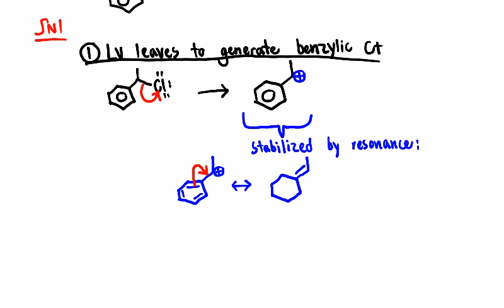So move that like so. And that's going to put a positive formal charge right here, based on the way that we've drawn those electrons. There's certainly more than one possible way here to do this, by the way. You can start moving the electrons around in multiple possible ways.